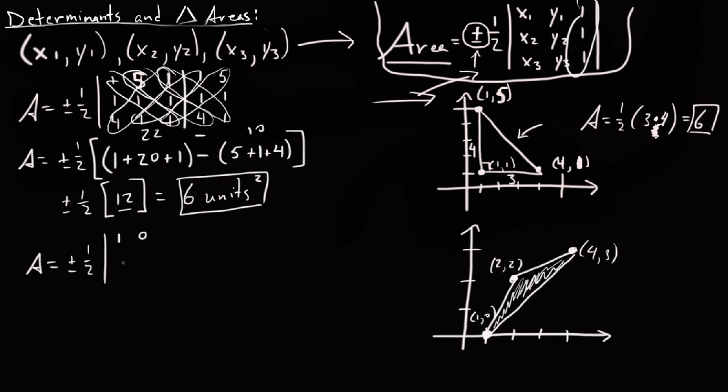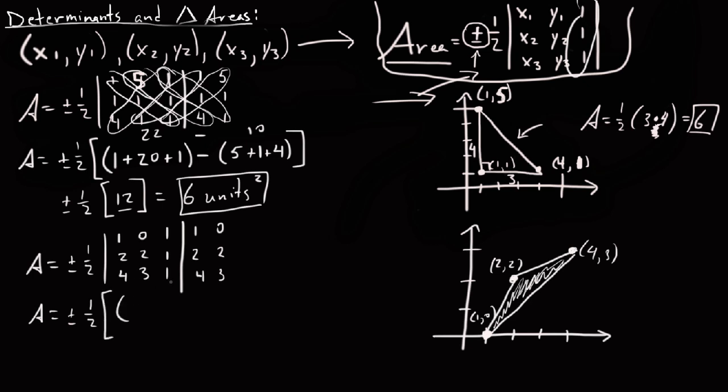So 1, 0, 2, 2, and 4, 3. We'll call these 1s over here. Now let's extend our first 2 columns, 1, 2, 4, 0, 2, 3, and the area is plus or minus 1/2 times the determinant of this.